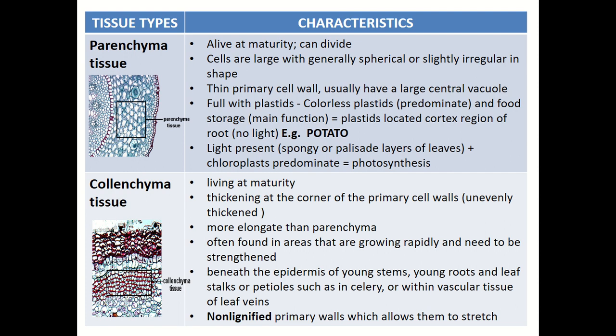So you can also find it beneath the epidermis of the young stem, young roots, the leaf stalk or petiole, such as in celery, and also within the vascular tissue of leaf veins. Meanwhile, the thickened primary cell wall of collenchyma helps to allow it to stretch.